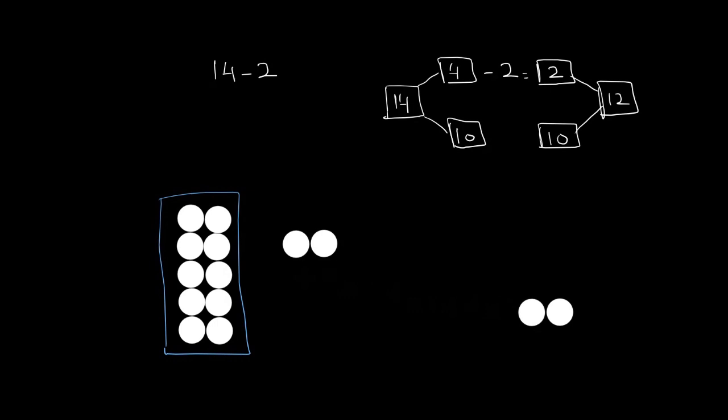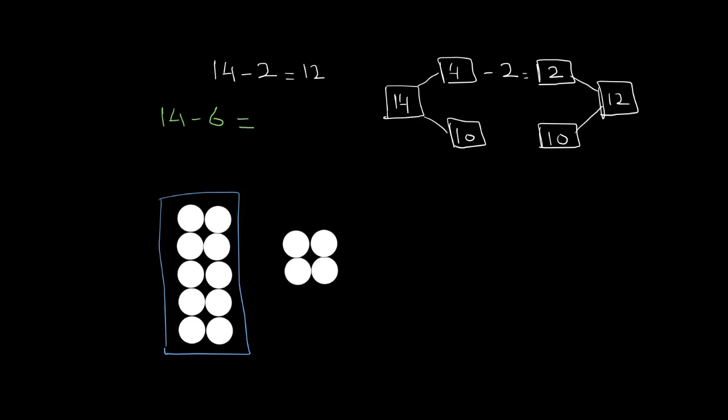Okay, but now we can have another problem. So let's go back to 14. Here's 14 back again, and this answer was equal to 12. Now let's look at a new problem, like maybe we want to figure out what is 14 minus 6 equal to.